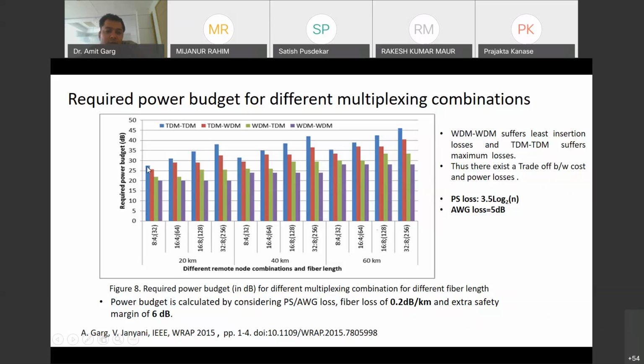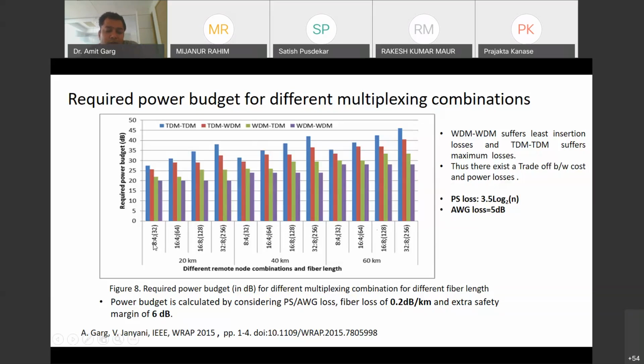Okay. Then the insertion loss for pure TDM PON is maximum, while it is least for pure WDM PON. Suppose we are considering one case, let's say M is 8 and N is 4.